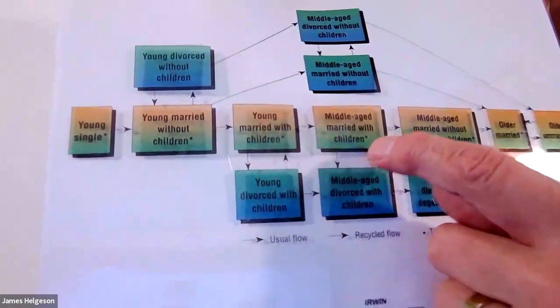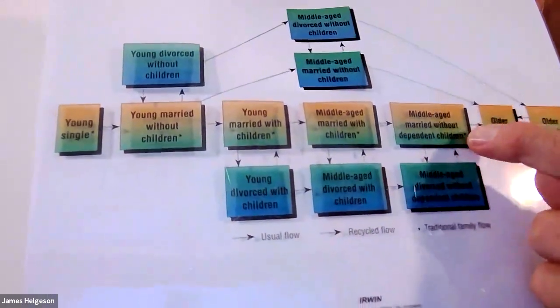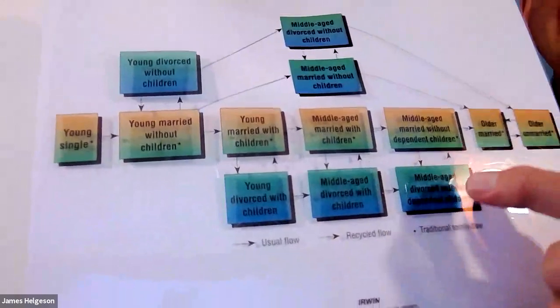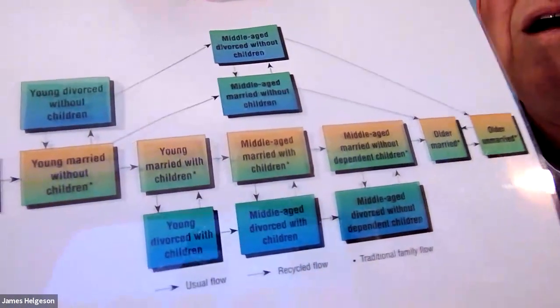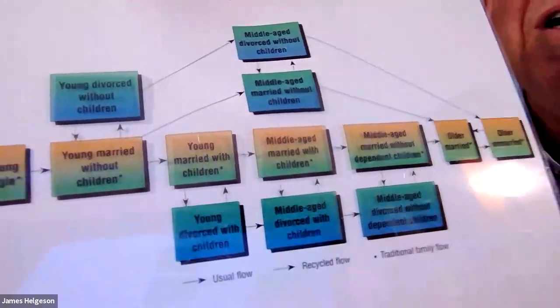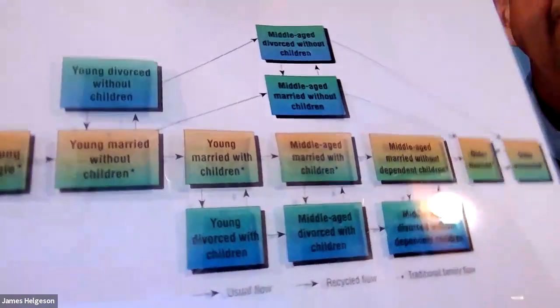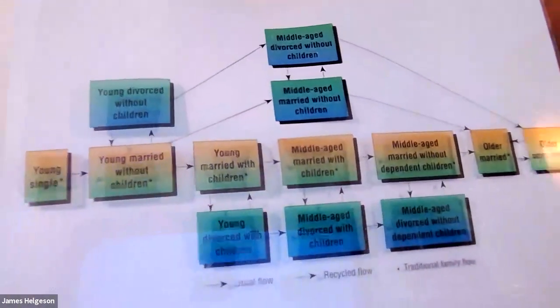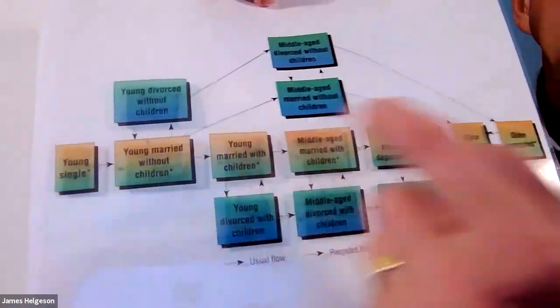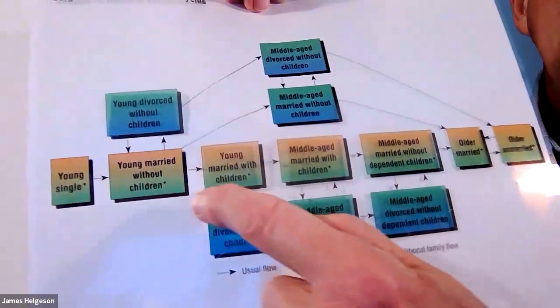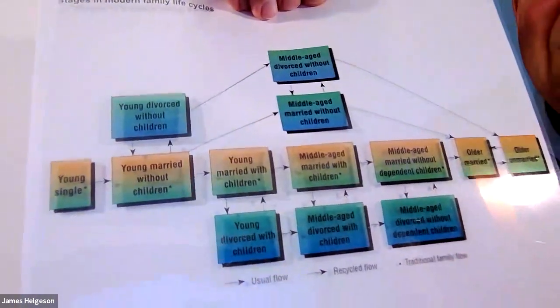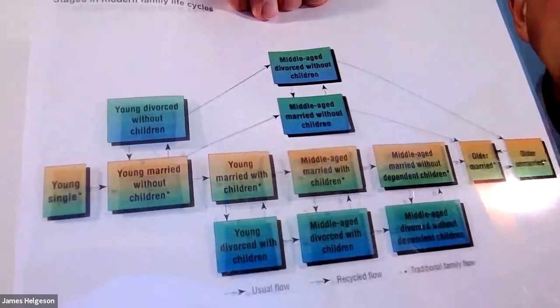Middle-aged with kids, middle-aged without kids. Out here it says, what's it say? Older married, older unmarried. They used to call this the sole survivor. That's kind of a depressing kind of deal, but that's the traditional family life cycle. You think of how your needs and wants change as you move through that.